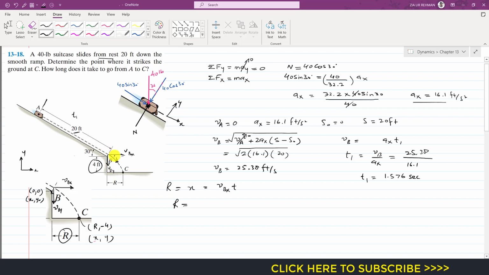from this we can say that this angle will be equal to 30 degrees. So VBX is the VB cos component, so VBX is VB cos of 30 degrees.